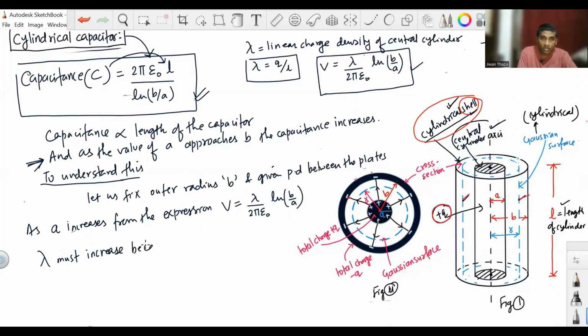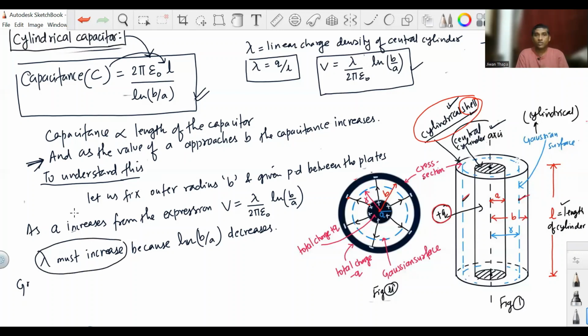Why? Because ln B by A decreases. So you need to note this. So what we find, as A increases, lambda must increase because this decreases.